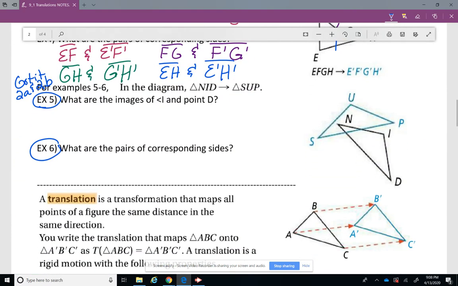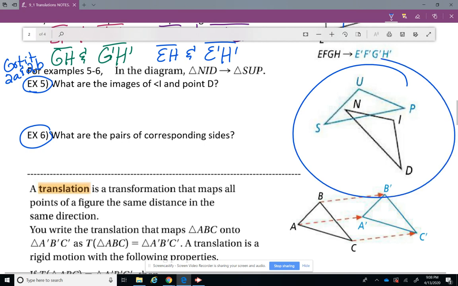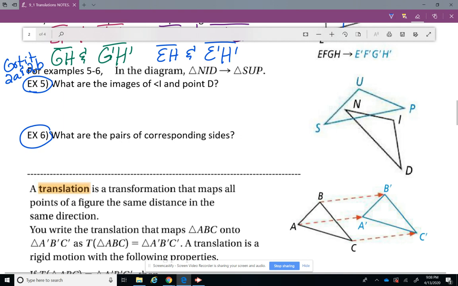All right, we're going to go back down here. In these examples, in the diagram, we're looking at this picture I'm circling in blue, triangle NID is mapped onto triangle SUP. Now you notice this time they didn't name it using N prime, I prime, D prime. They just named it using other variables or letters, and that's fine. There's nothing wrong with that.